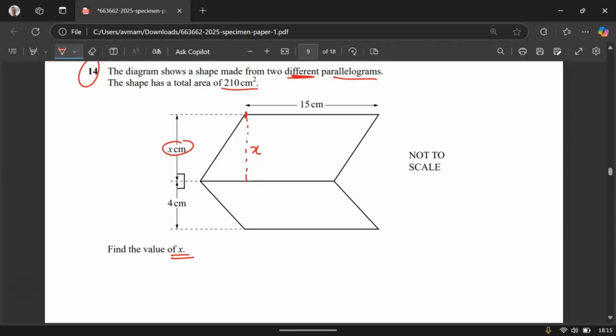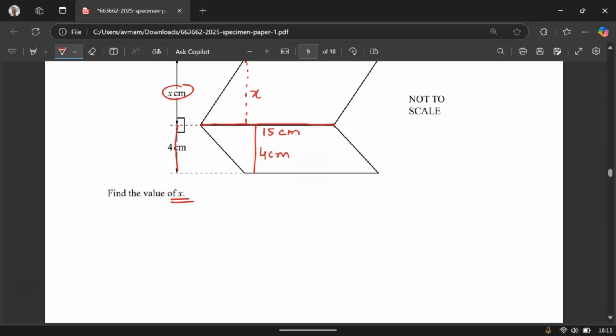Here we know the length of this side of the parallelogram, and this is the common side between the two parallelograms. So this also must be 15 centimeters, and we already know the height of the parallelogram, which is given over here, which is just 4 centimeters.